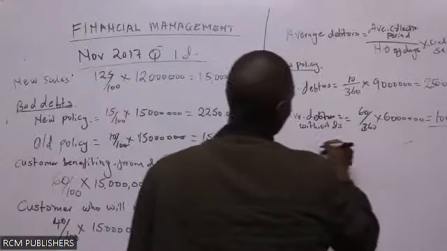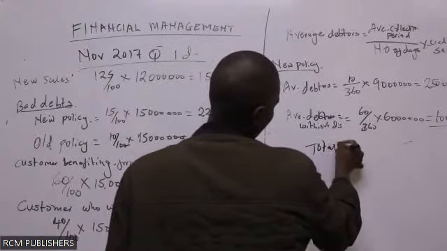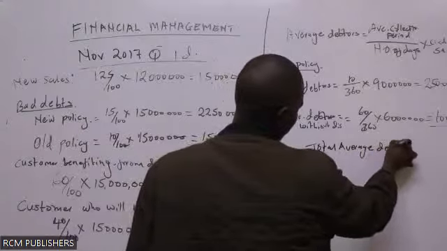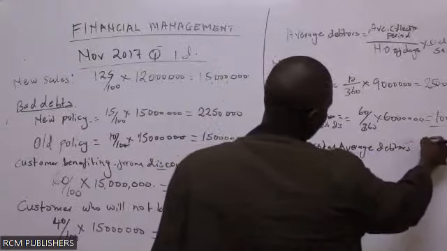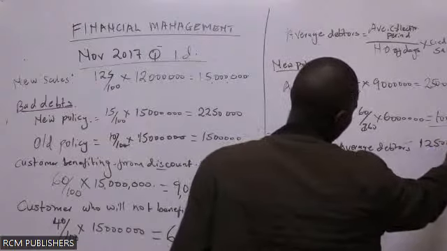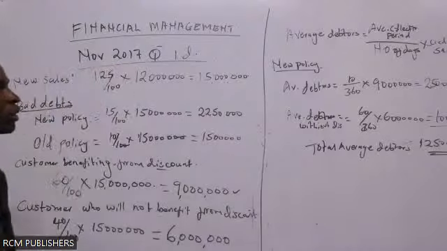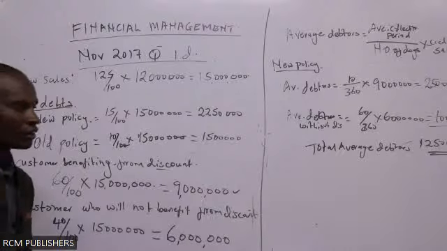Total average debt is 1,250,000. That is for the new policy.